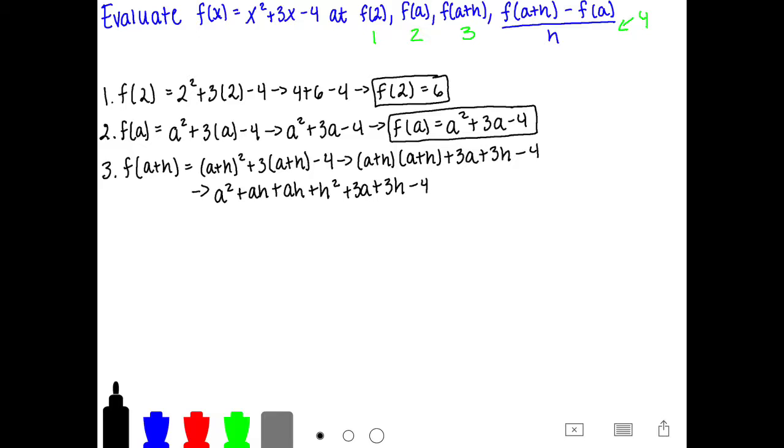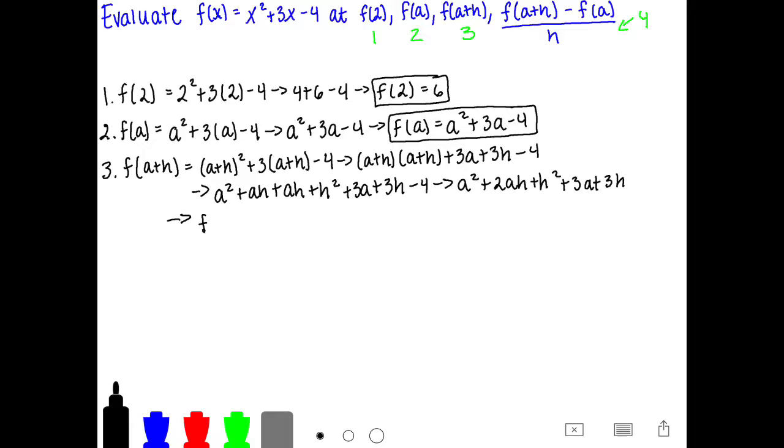All right, and now what you can do is combine like terms. So the only like terms you have here are ah. So now you have a squared plus 2ah plus h squared plus 3a plus 3h. And I forgot to put minus 4 there, but minus 4 still stays there.